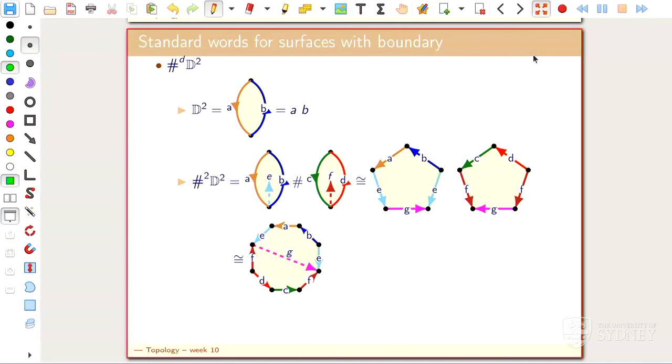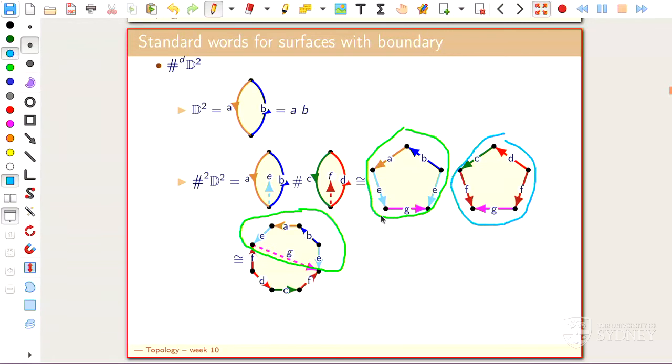So the top one is, let me mark it. So here's the green one, right? This is this one. Just glued together along G. Maybe there's a good color here. Maybe this one. I just glued them together along G. Yeah? So at the bottom, you have this pattern. And now you can see why I've done this.